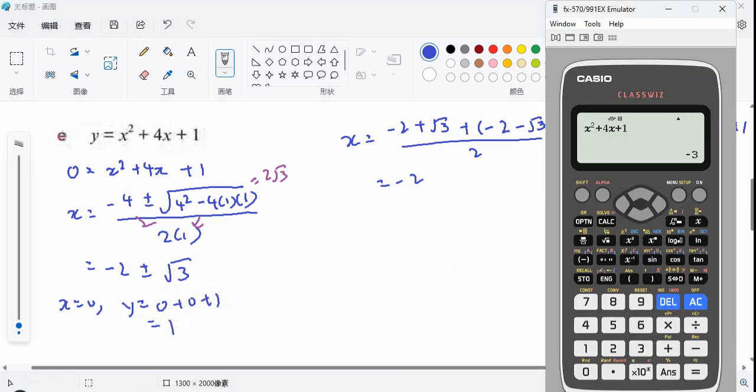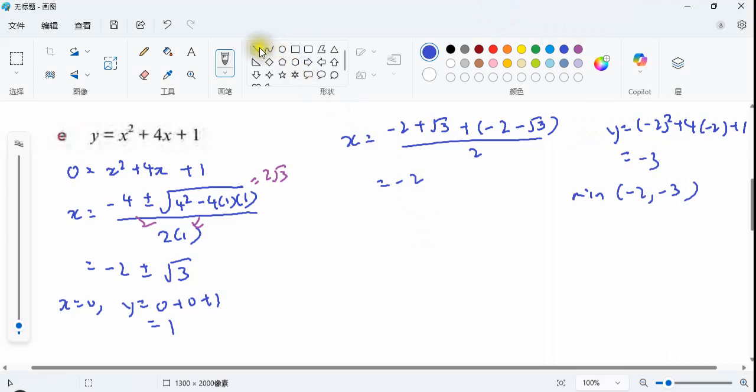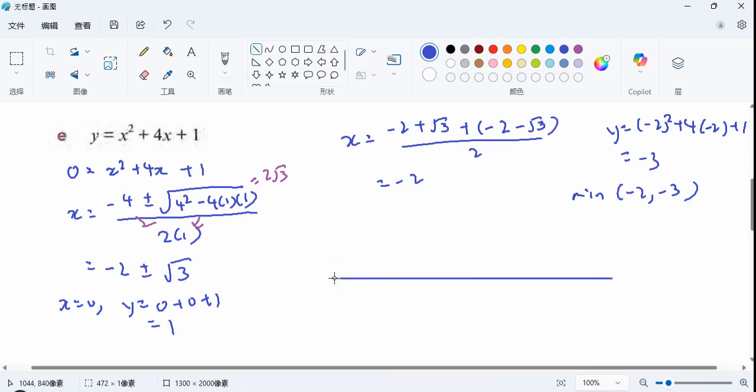Negative 2 plus square root 3 is on the negative side. So the graph will look like this.